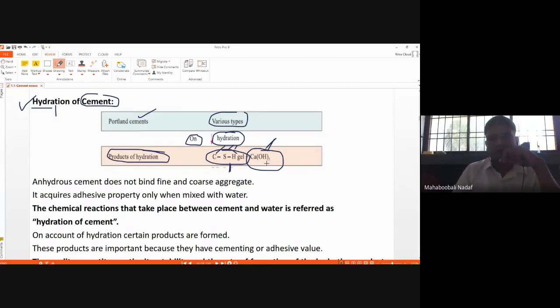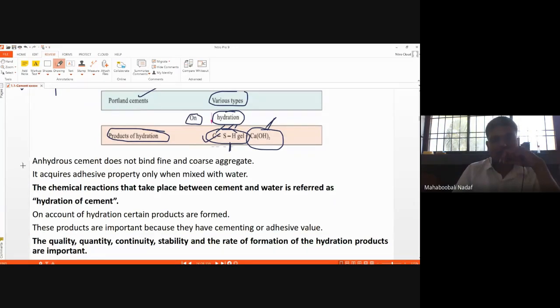Why? Because it leaches away, it will get washed away. So it will create some capillaries. That is the problem of having Ca(OH)2, but it will be formed anyhow, it will be there. But the major component is this gel, so that is why it is going to give the strength.